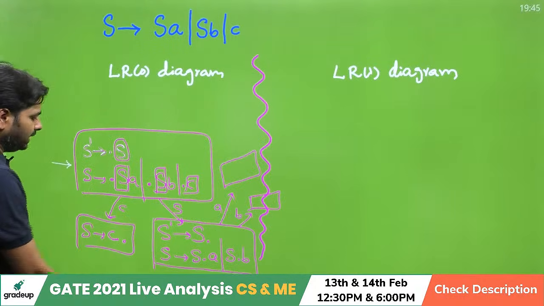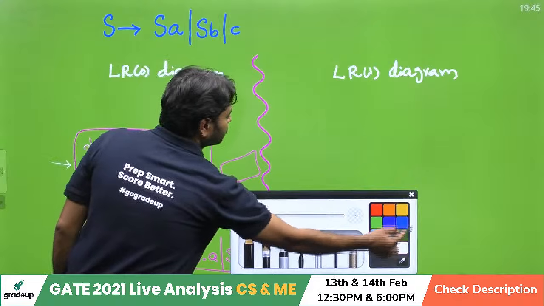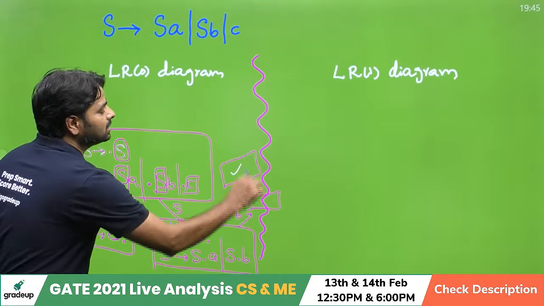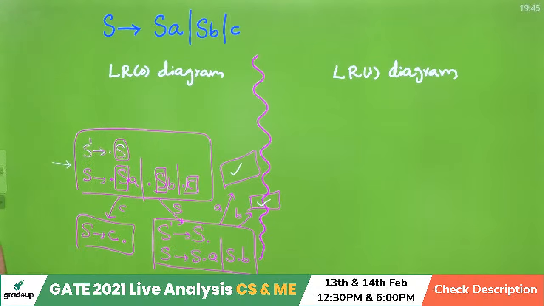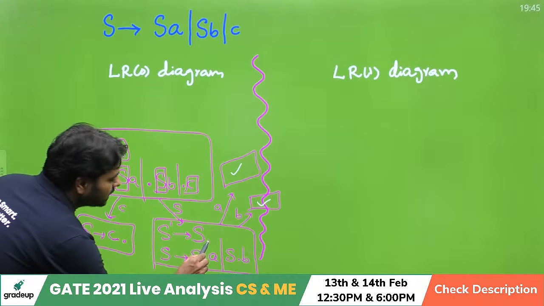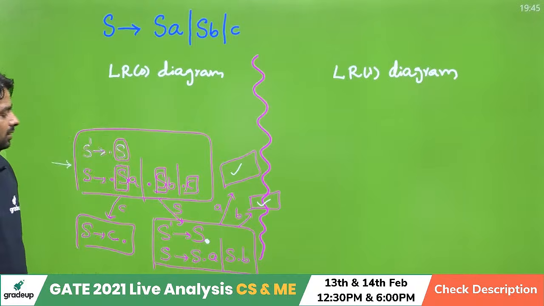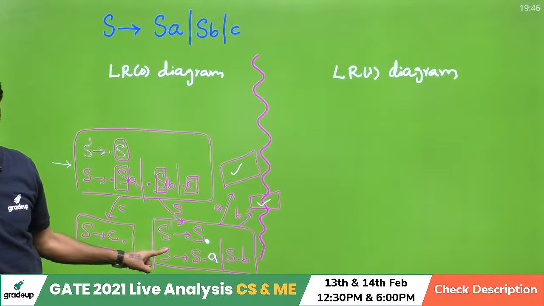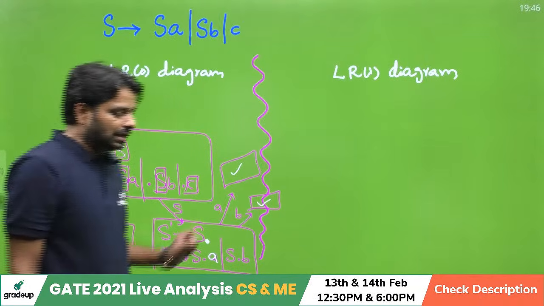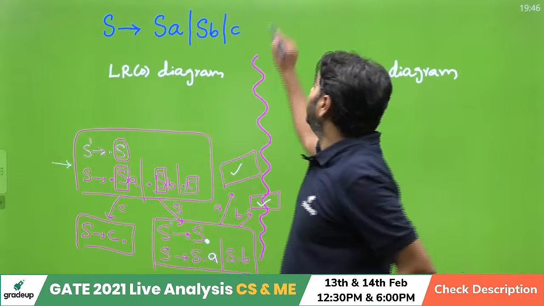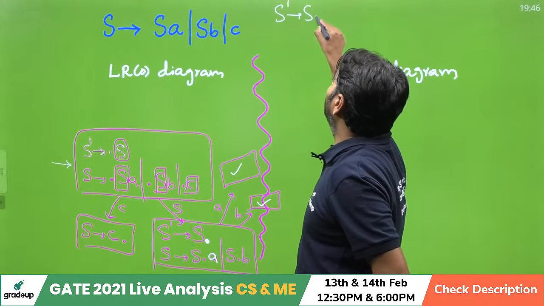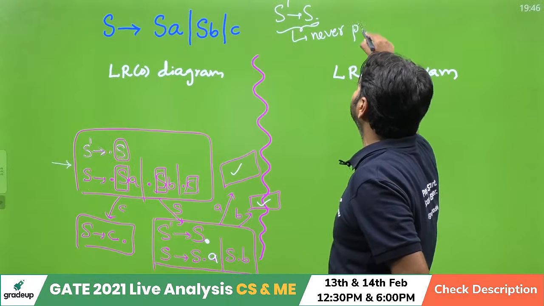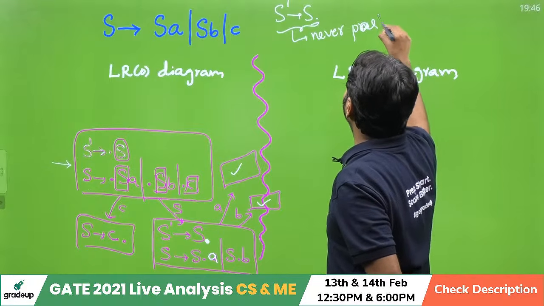Yeah, white is better? Alright. Clear? And one item, please don't write, because one item will never create a conflict. Now look at here. Is this a reduced item? Yes. But is it a shift item? Yes. But this reduced item never participates in the conflict. How many of you remembered S dash derives S dot? S dash derives S dot never produces a conflict because it is an acceptance item.